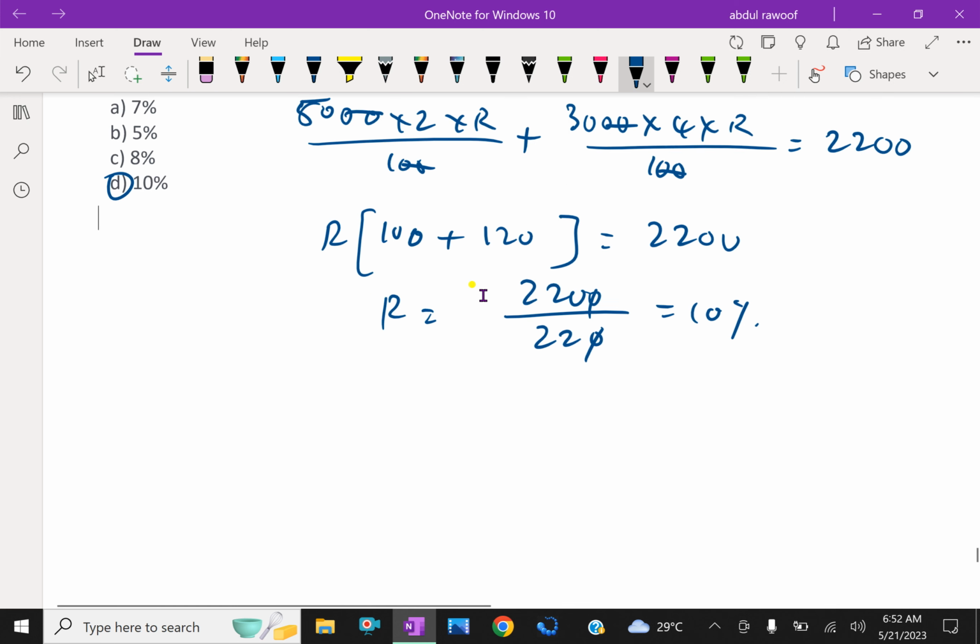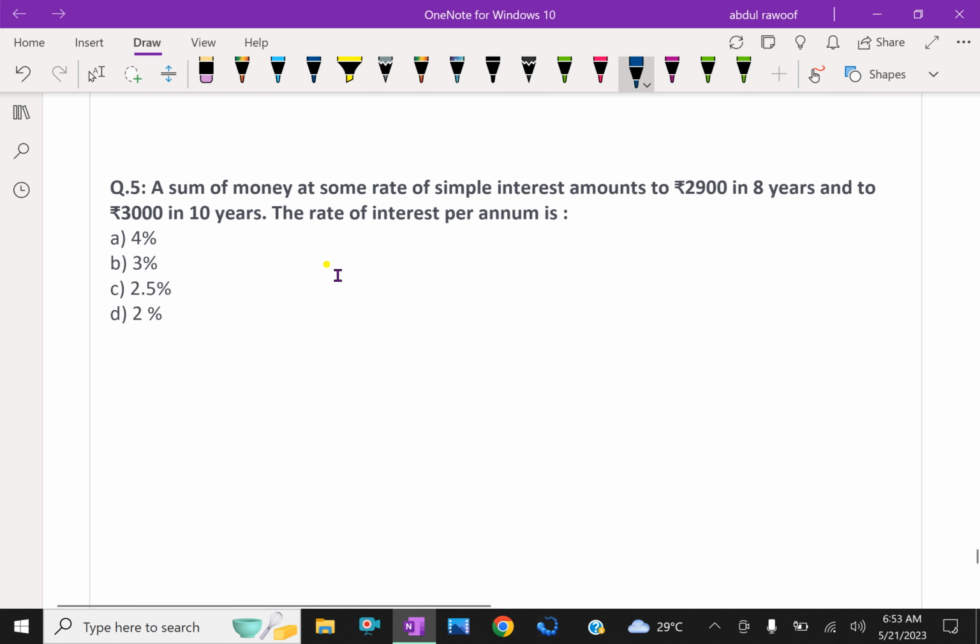Question number 5. The sum of money at some rate of simple interest amounts to 2,900 in 8 years and to 3,000 in 10 years. The rate of interest per annum is?